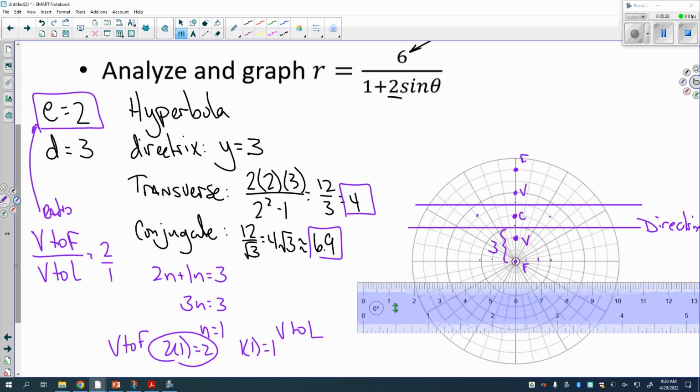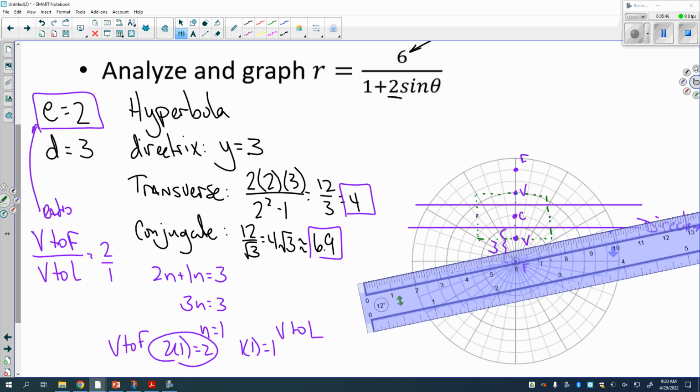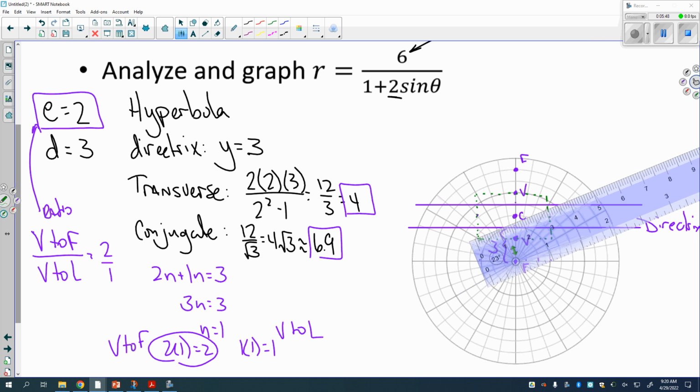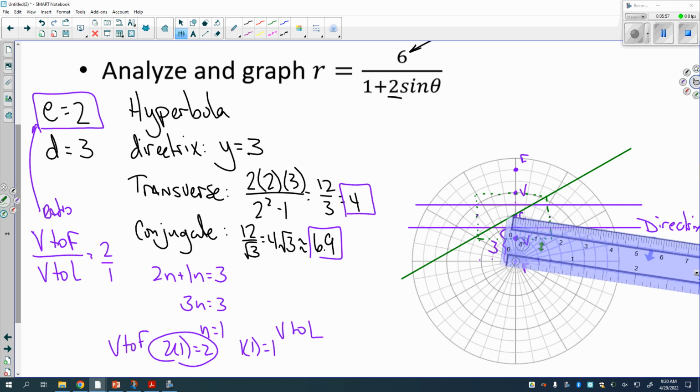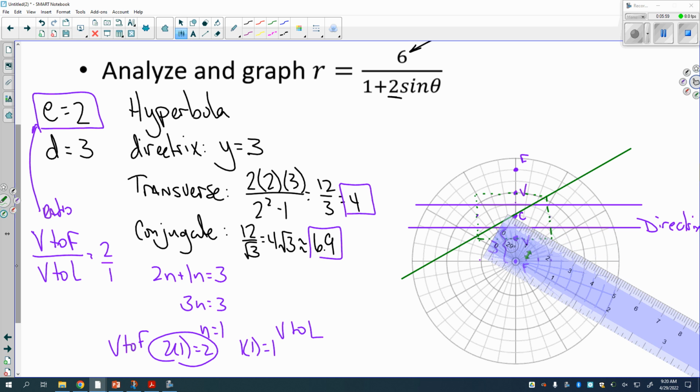And that gets me that little box that we did with hyperbolas before. I can put that little box in, and then I can put in, and I'm just going to use solid lines, I know we don't normally, an asymptote and the other asymptote.